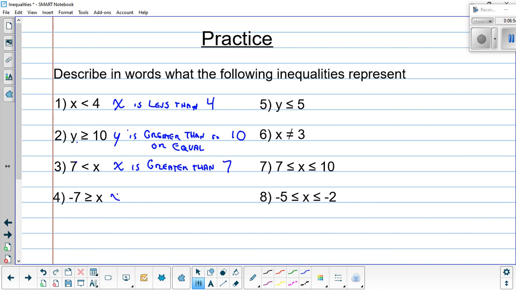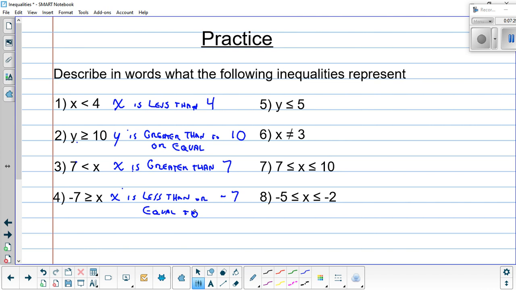Similarly with the next one, we have x is, this time it's pointing towards the x, so x is less than. We have the line underneath, so that means equal. So x is less than or equal to negative 7, which means it's negative 8, negative 9, negative 10, and so on.